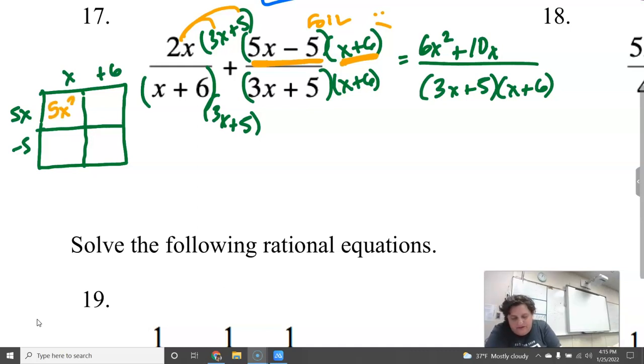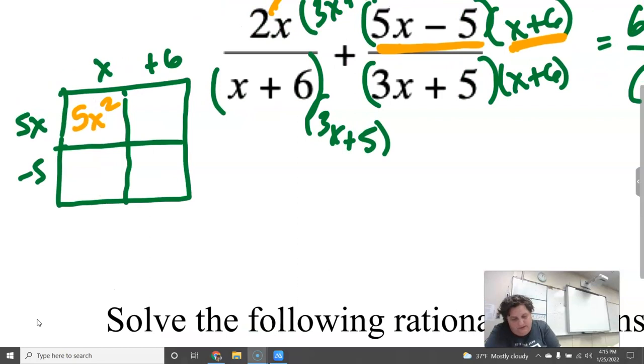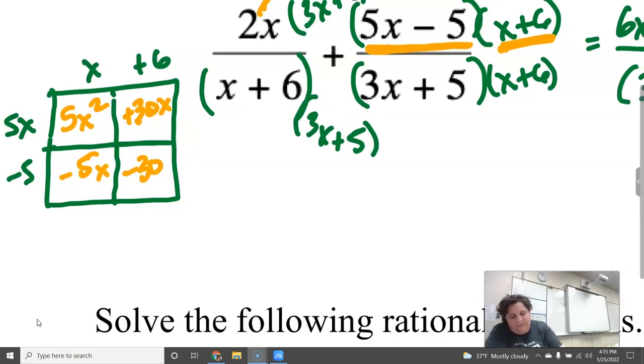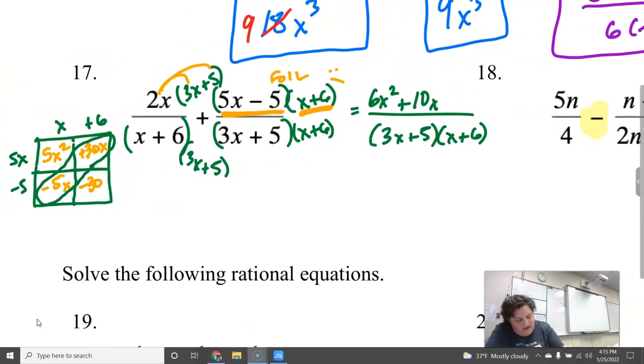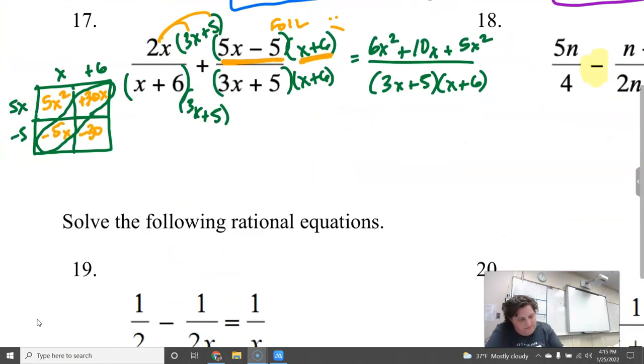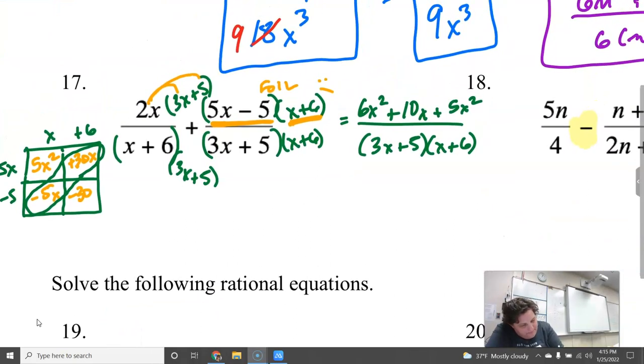5x squared plus 30x minus 5x minus 30. And when you're using the box, almost always you can combine those two right here. So this becomes 5x squared, 30 minus 5 is plus 25x, minus 30.